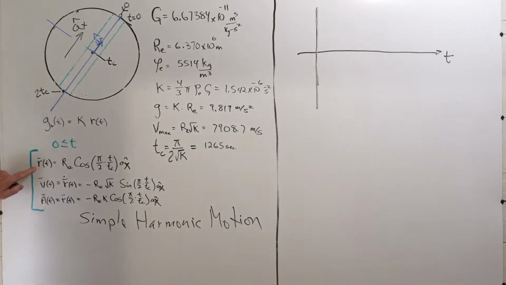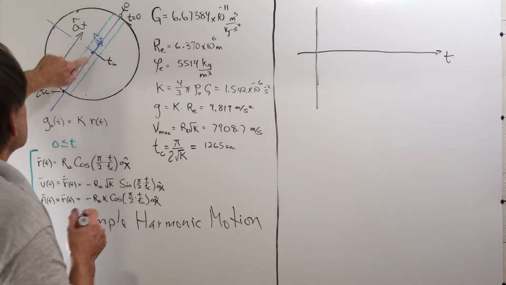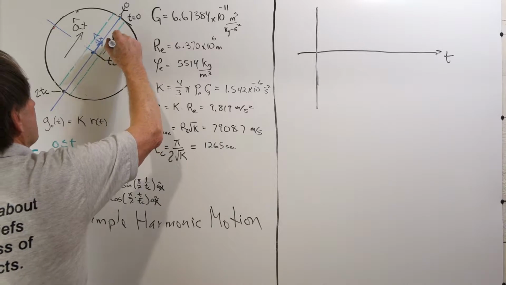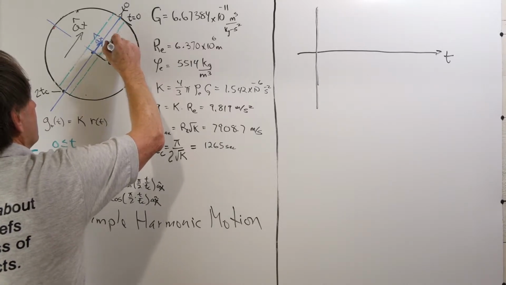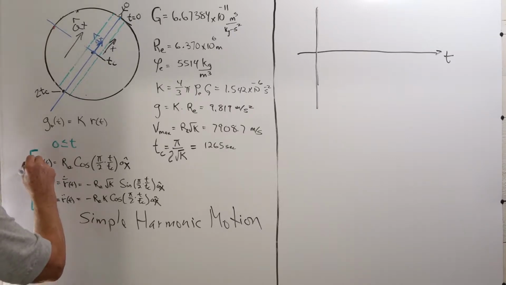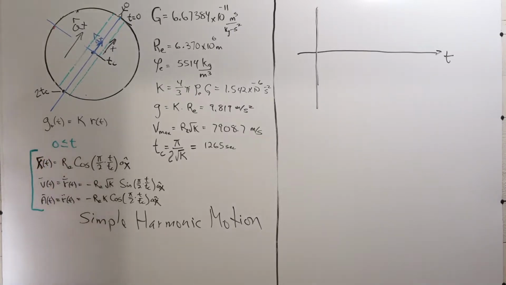Our position, rather than having r as our radial vector, what this is now is our x vector. X is positive in this direction. So this is x of t vector.